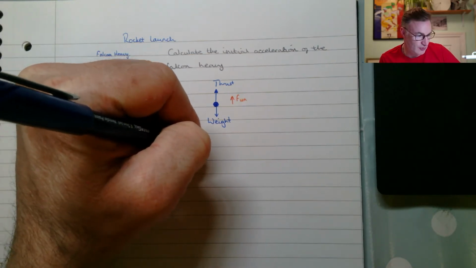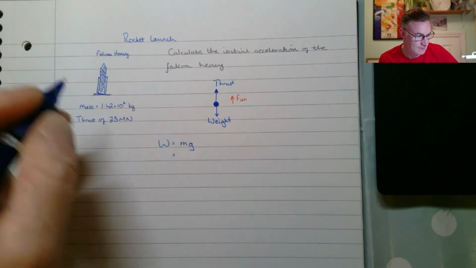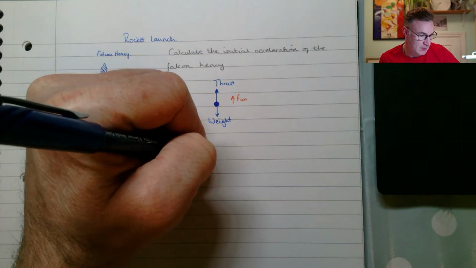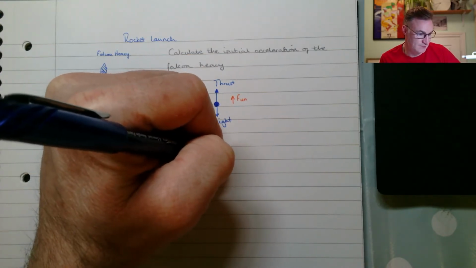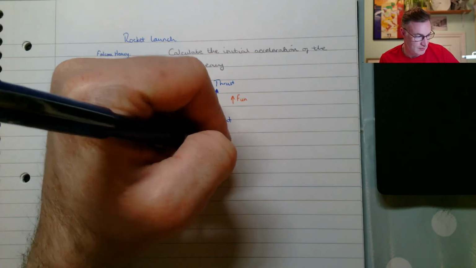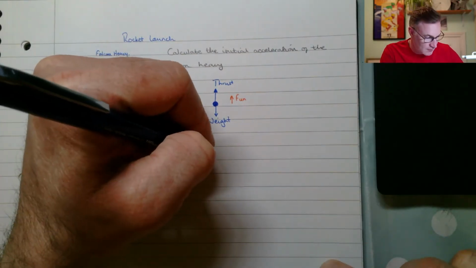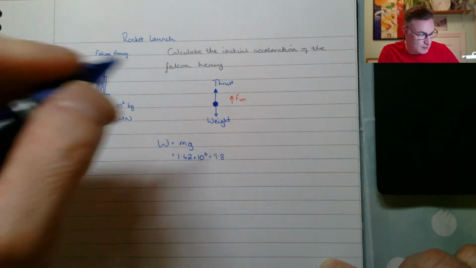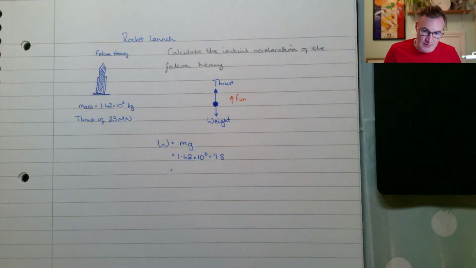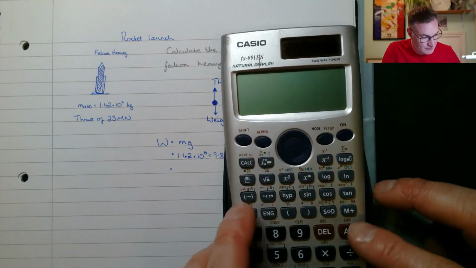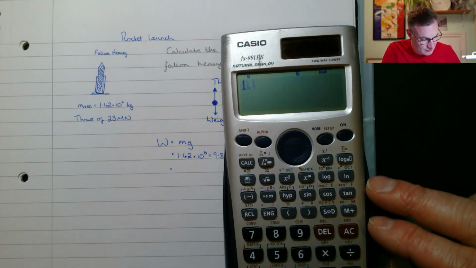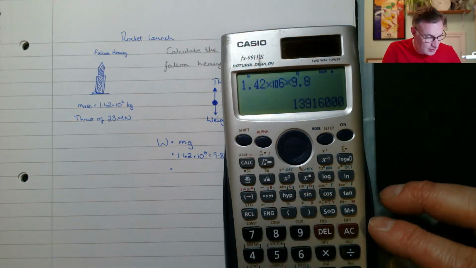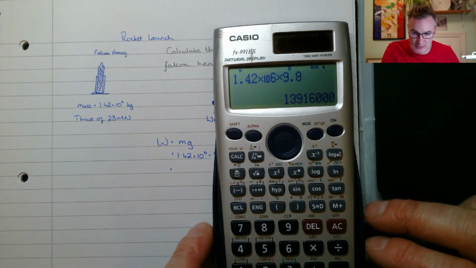So we'll have our formula W equals mg. The mass of the rocket, 1.42 times 10 to the 6 kilograms, we'll multiply that by gravitational field strength, which at the surface of the Earth is 9.8 newtons per kilogram. Take this into the calculator: times 10 to the power 6 times 9.8, and we will get some horrendous number.